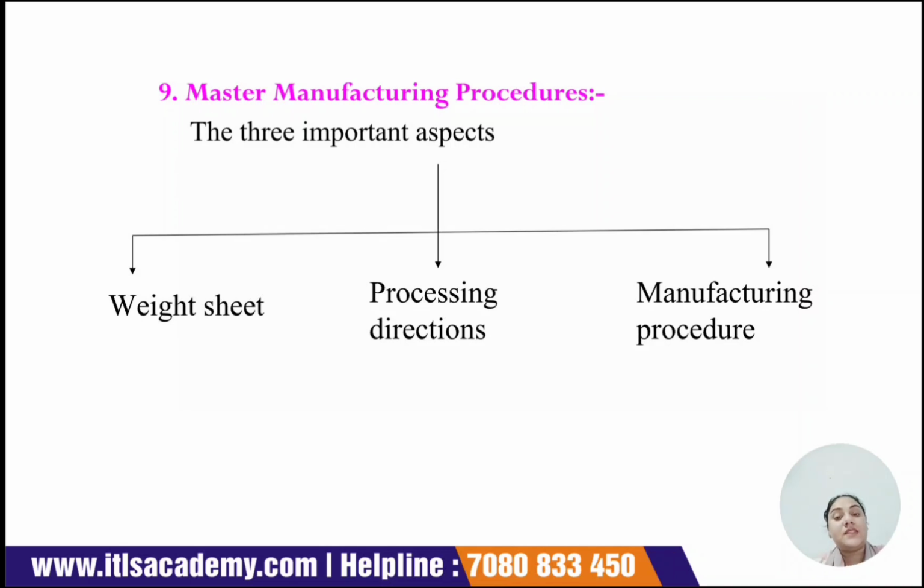Regular process review and revalidation should be there, meaning every procedure or process should be revalidated, and review should be done properly. Then a well-defined technology transfer system should be used. Then a validated cleaning procedure should be there.